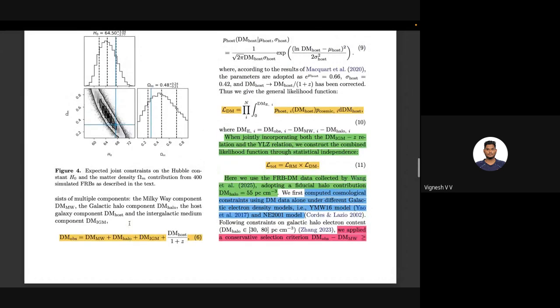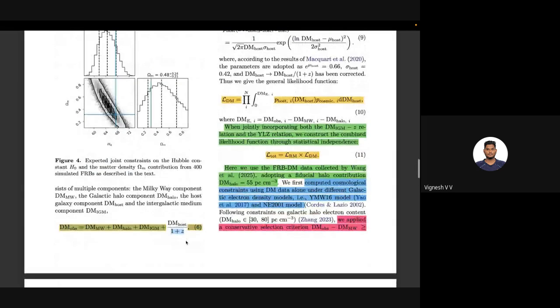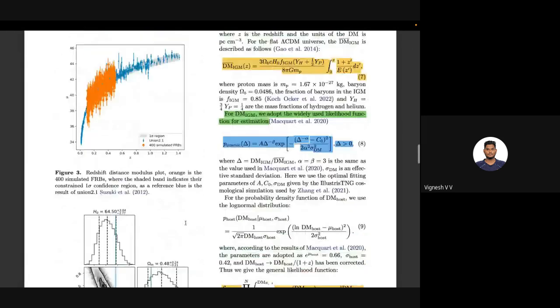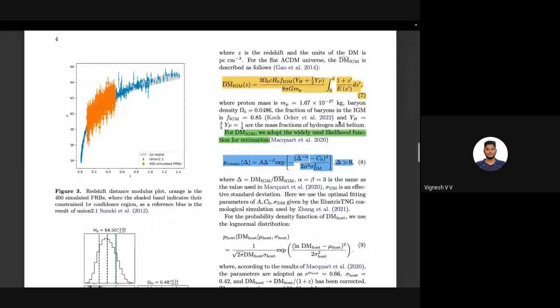So first, basically, they use the well-known dispersion measure relation, and in this part, we know that they assumed the dispersion measure IGM component and dispersion measure host component, which is given in equations 7 and 8. For the assumption of DM IGM, they obtain the relation from the McQuinn paper.